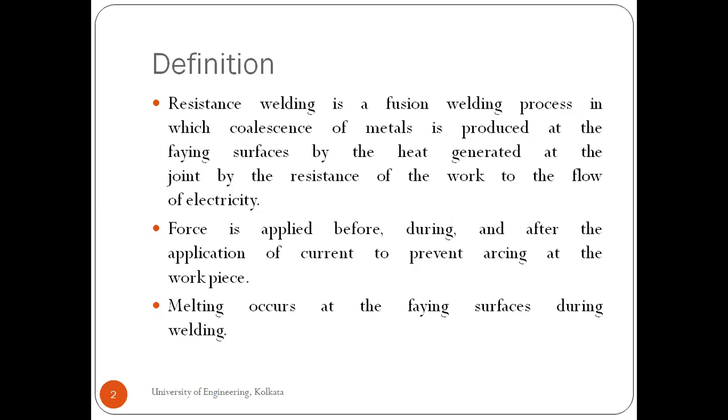Here the arc is not recommended, because a high current passes, and the welding takes place due to the mechanical pressure and the resistance offered by the workpiece on the path of flow of current, right? So the melting occurs at the faying surface during the welding process.